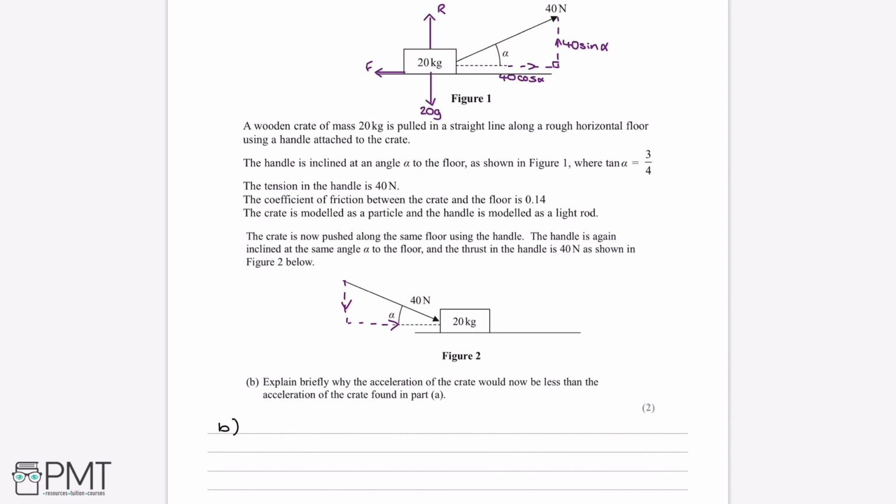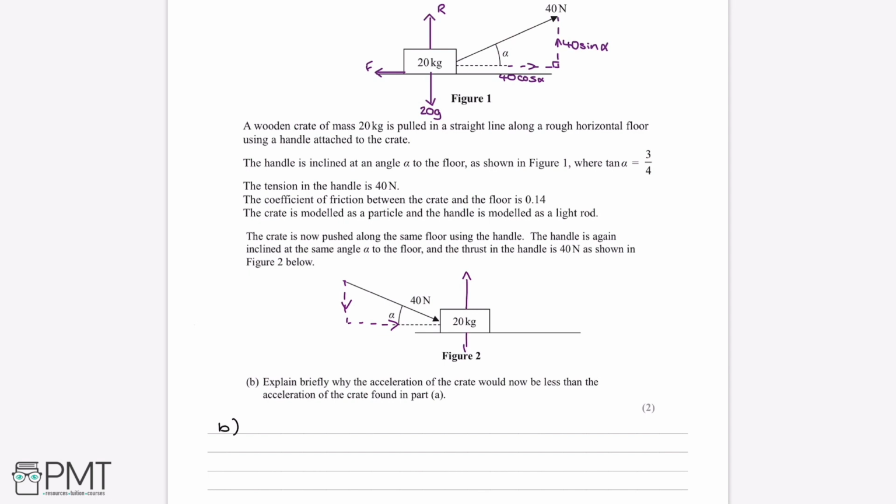So in part A, the first thing we did was calculate the reaction force, which is this force acting upwards here, just as it is in figure 1. In figure 1, for the forces in the F equals ma equation, acting upwards we had R and this component of the tension, and then we had the weight acting downwards.